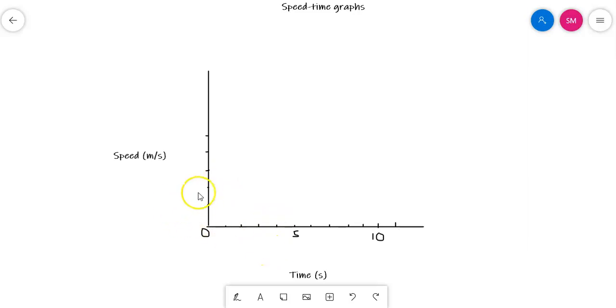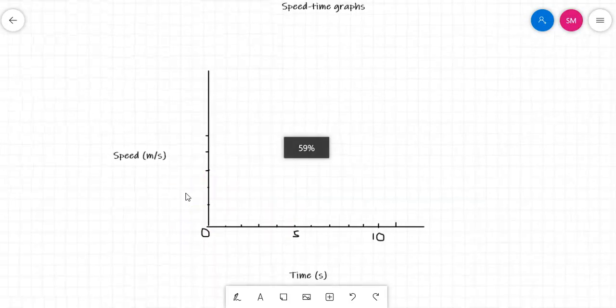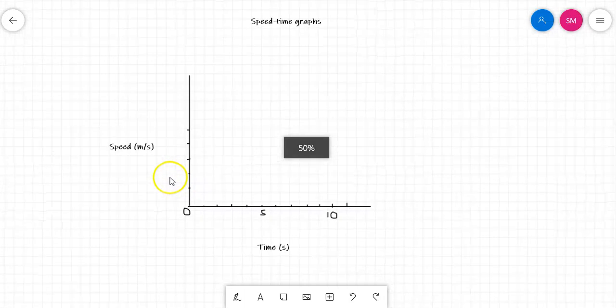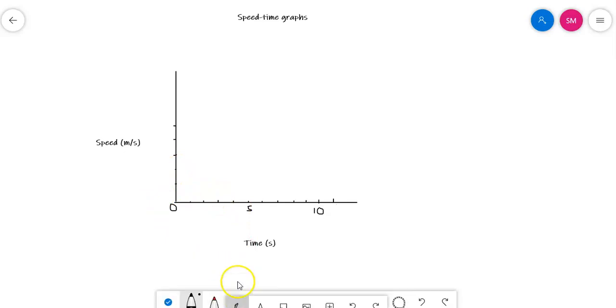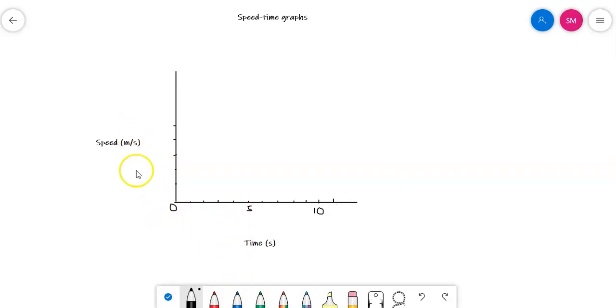So if we have a graph like this, let's say we've got an object that is accelerating. How would we show that an object is accelerating on a speed time graph? If on this y-axis we've got 1, 2, 3, 4, 5, a line across here would indicate that an object was traveling at 1 meter per second.